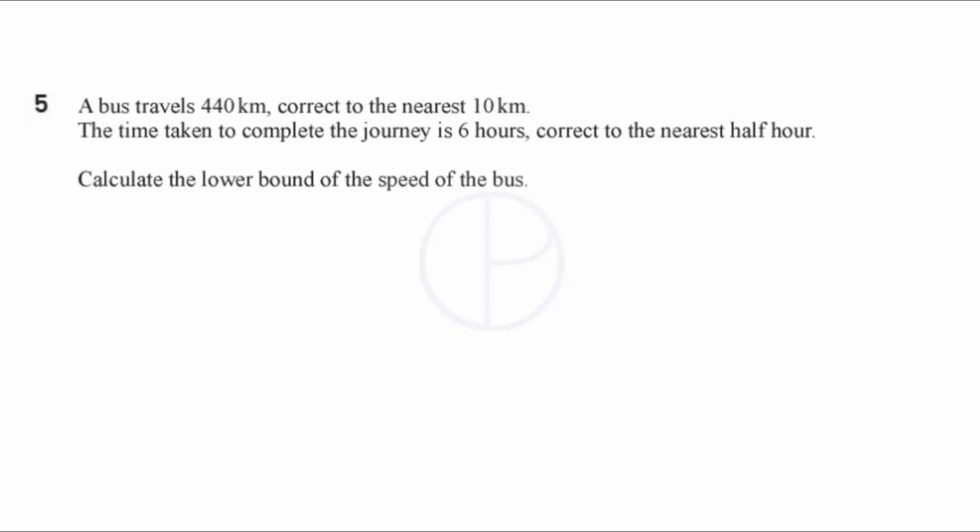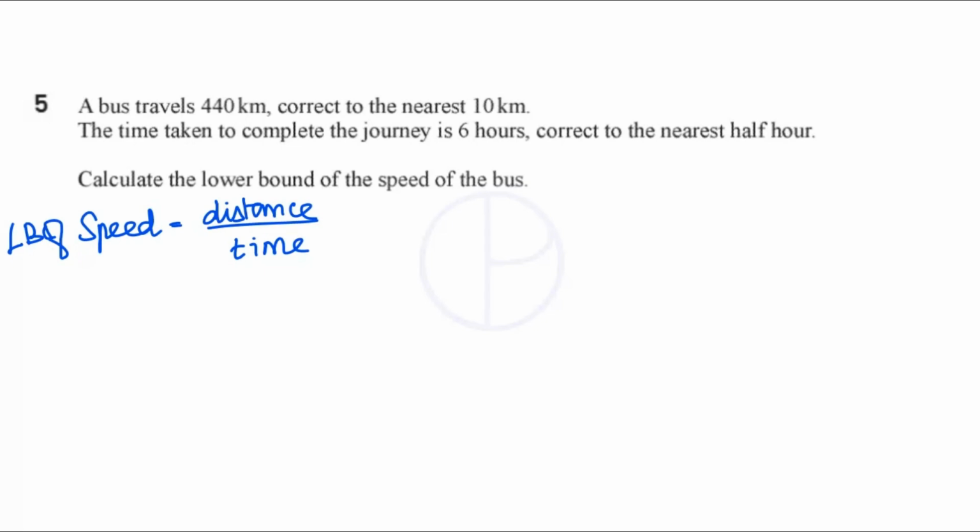So we know the formula to calculate the speed of the bus. Speed is distance traveled divided by time taken. We require a lower bound of speed.